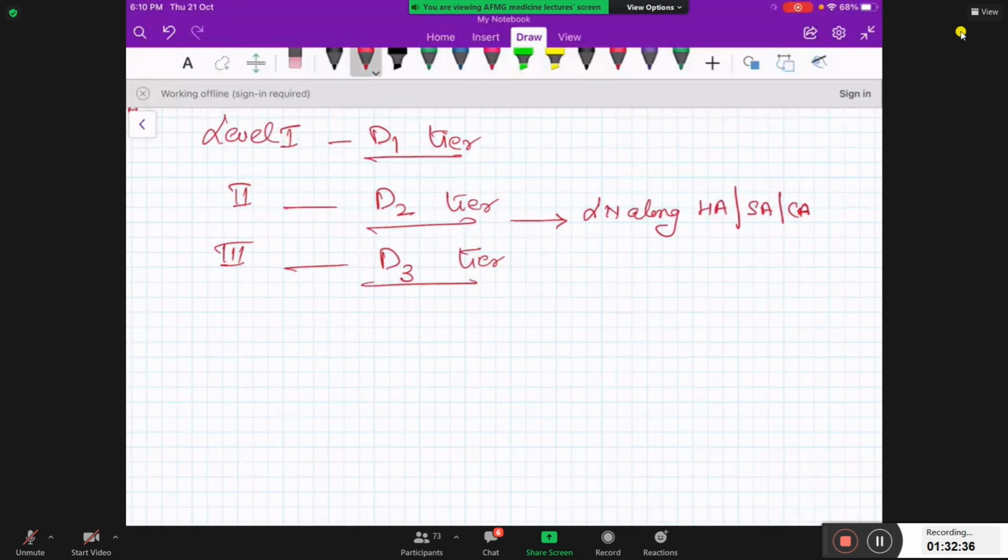There will be numbers for these lymph nodes. We don't need to remember that. The celiac node has a certain station, a number. The hepatic node has a certain station or number. The splenic node also has a certain number or station, but we don't need to remember. But this point is very important for us to know, because ultimately when we talk about the management of carcinoma stomach, this will be very important for us.